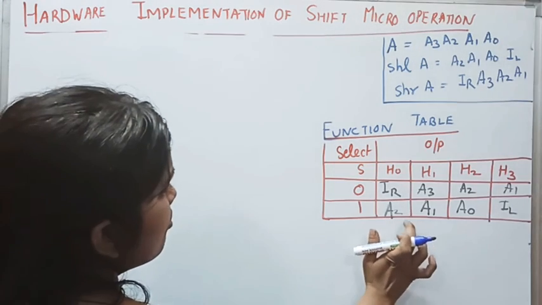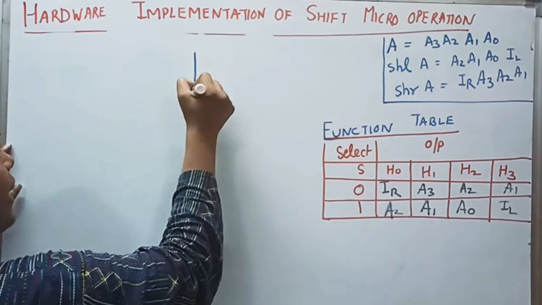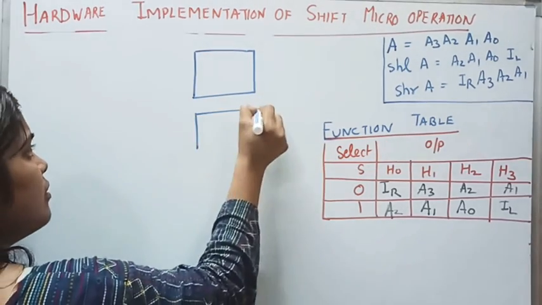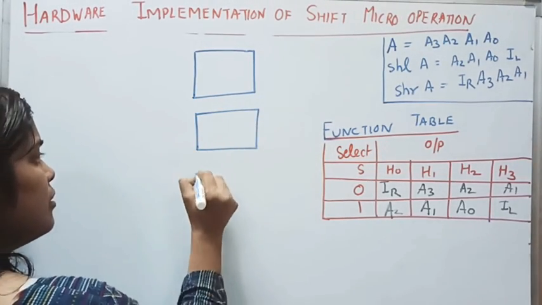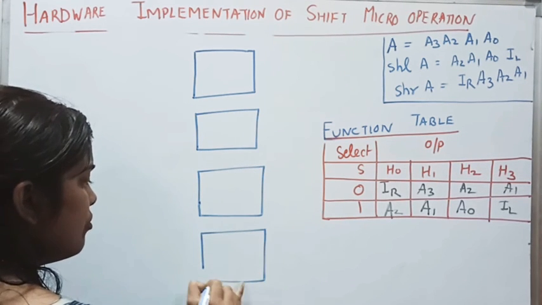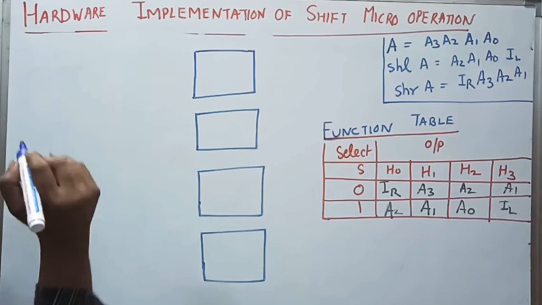And here 4 outputs will be there, so you can take 4 multiplexers, each a 2 cross 1 mux with 1 selection line.